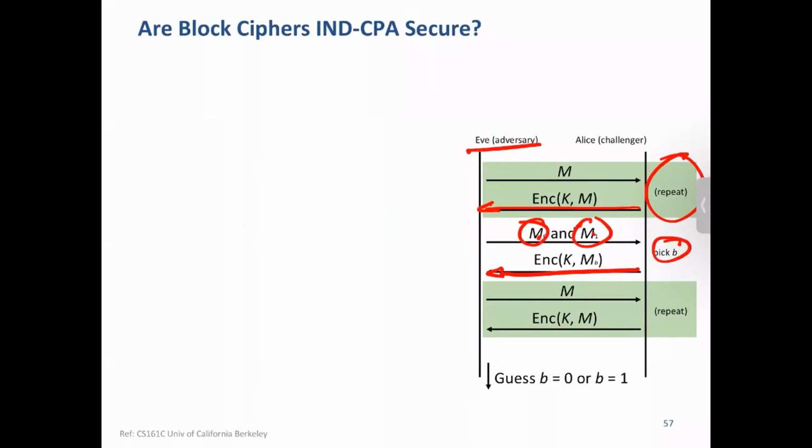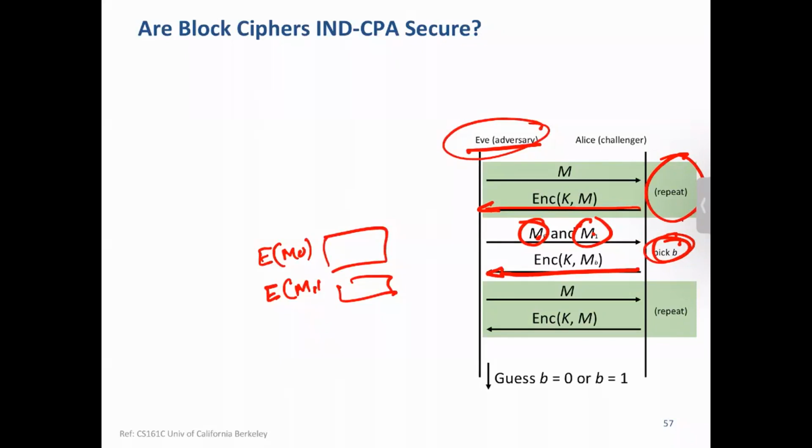Now Eve sends M0 first and gets the encryption back, sends M1, gets the encryption back, and then this experiment starts. Alice picks one of M0 and M1 and sends it back. Now Eve knows the encryption of M0. She also knows the encryption of M1.